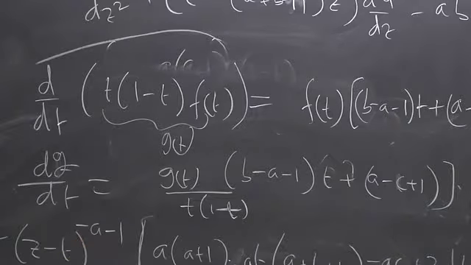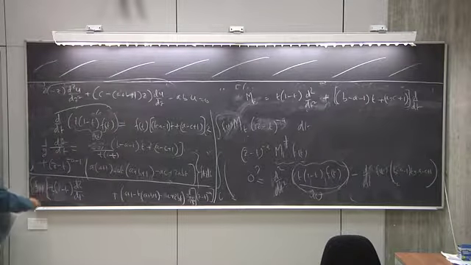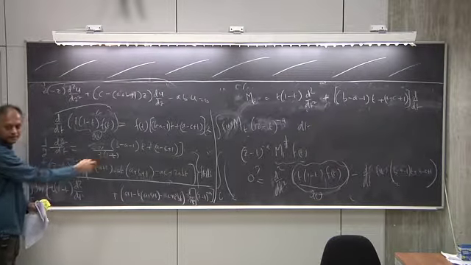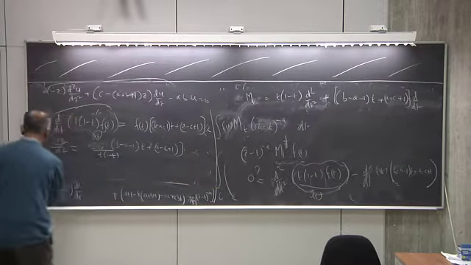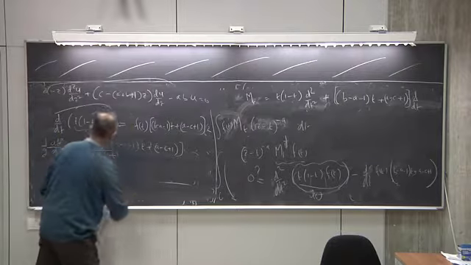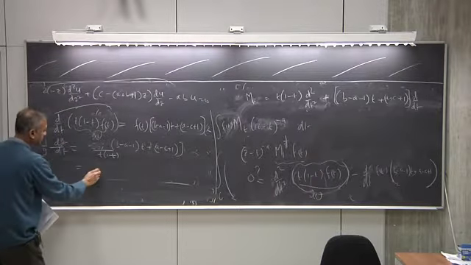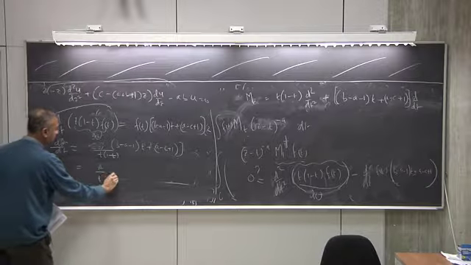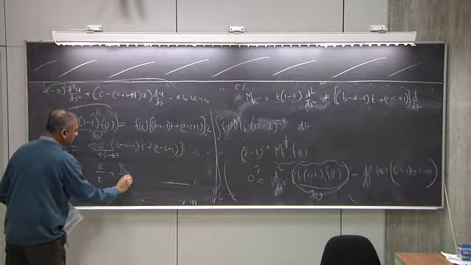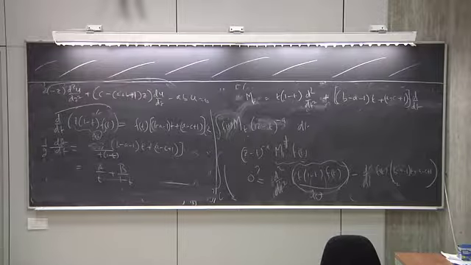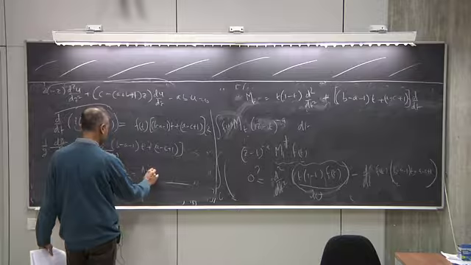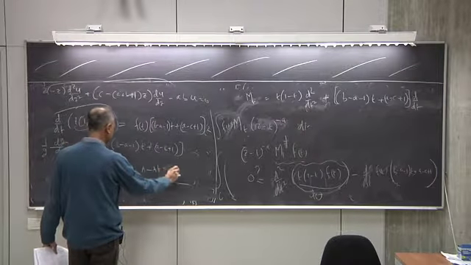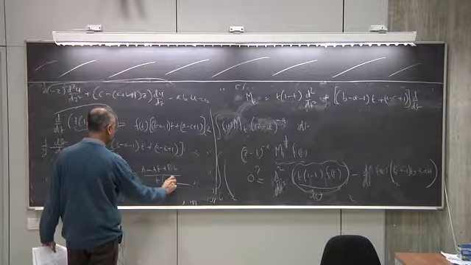Now this can be immediately integrated. You just bring the 1 over G, so you just get a logarithm, and this integration is very trivial, right? In fact, the idea is to do a partial fraction. You can write it as some A divided by t plus B divided by 1 minus t. So you get A times 1 minus t plus Bt divided by t times 1 minus t.